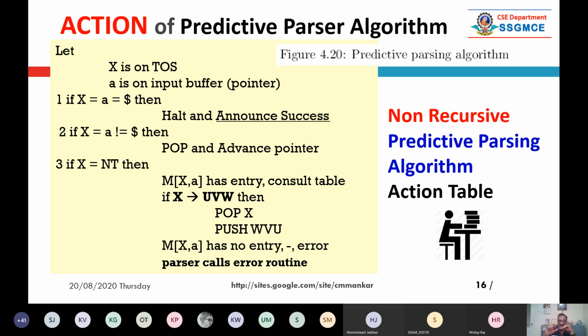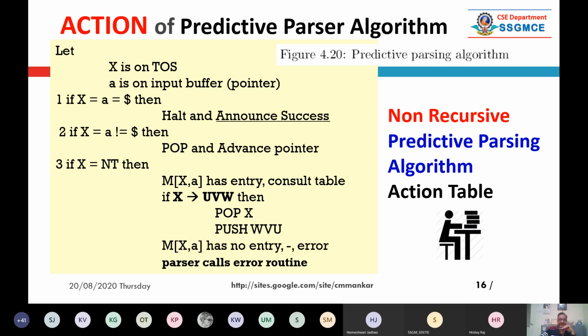If the stack contains dollar and the pointer points to the dollar, that is the end of the buffer. Recall that dollar is at the end of the statement. It means you have to halt, stop, and announce success. It means you have done successful parsing.